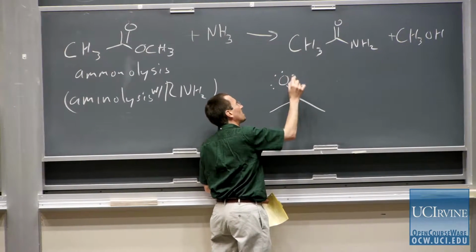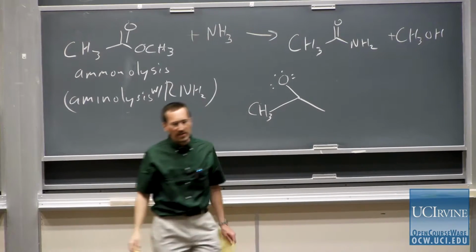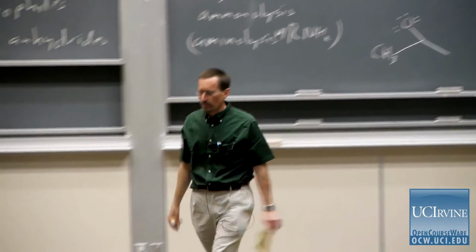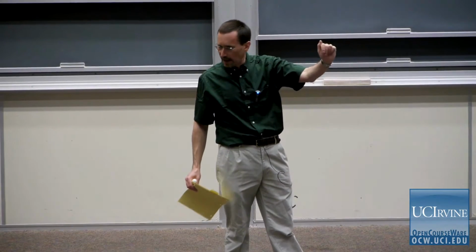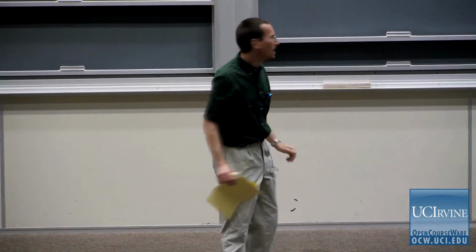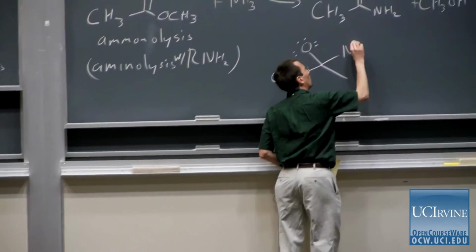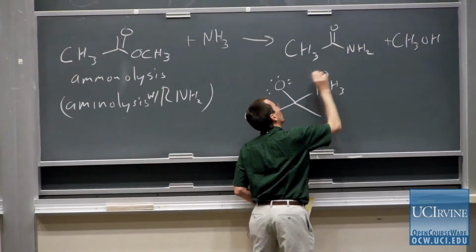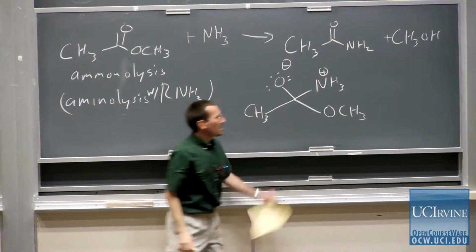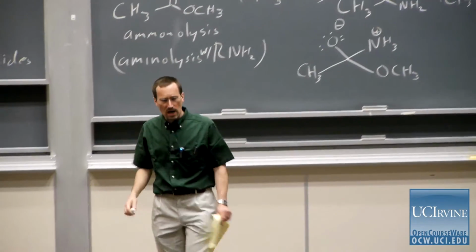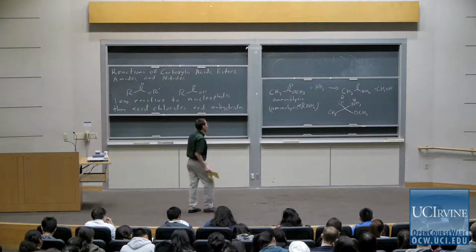It can attack the carbonyl, even though the carbonyl of an ester is not nearly as electrophilic as the carbonyl of an anhydride or a chloride that has a good electron withdrawing group pulling away electron density. It can attack, we expel methoxide, we transfer a proton. If you want more detail, you can see your textbook for a mechanism for this reaction.